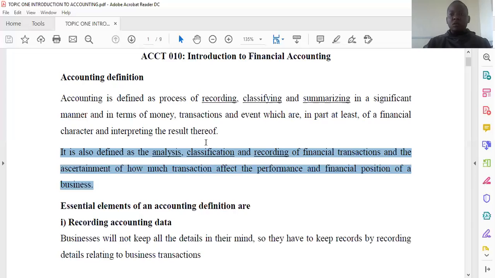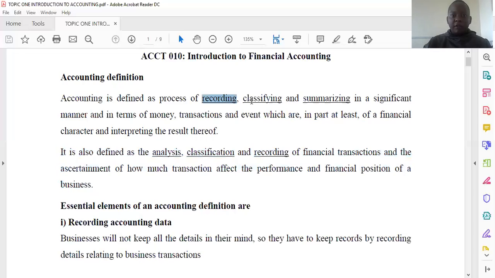By looking at those two definitions of accounting, you notice that there are some key terms in them. The key terms have been underlined: recording, classifying, and summarizing in the first definition, and in the second, the analysis, the classification, and the recording of business transactions.